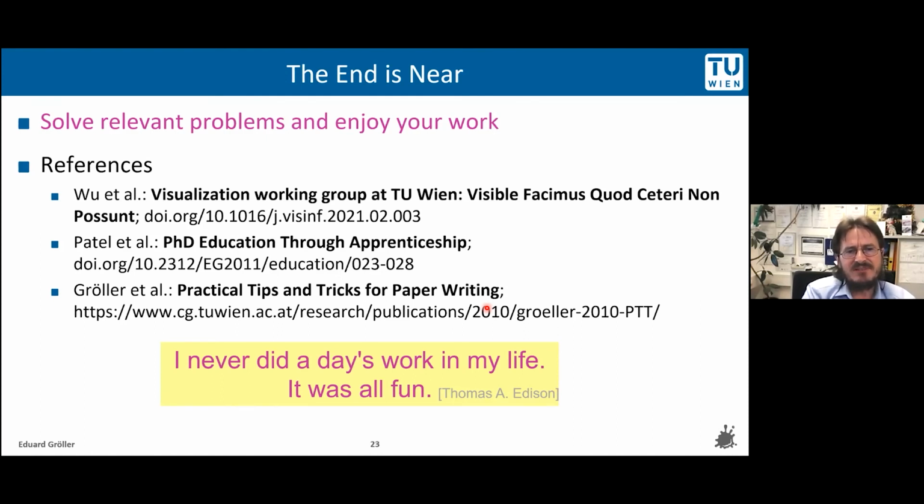There it would be great to have applied papers, something that your domain expert is really using in a daily setting, where the visualization techniques might not be so original, but they are strong on impact.